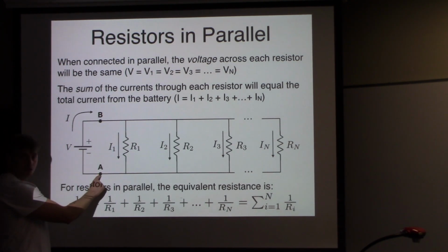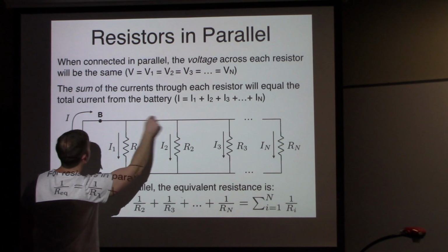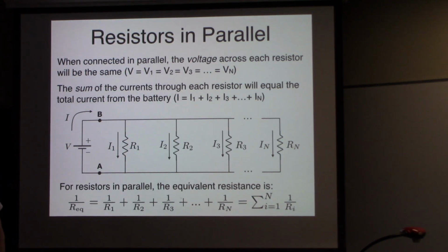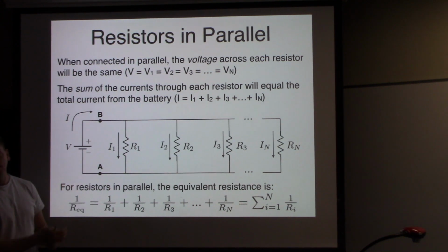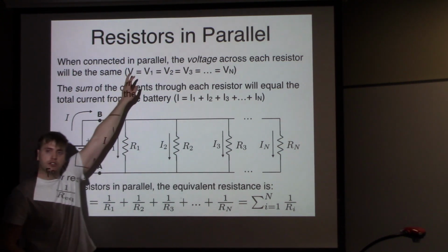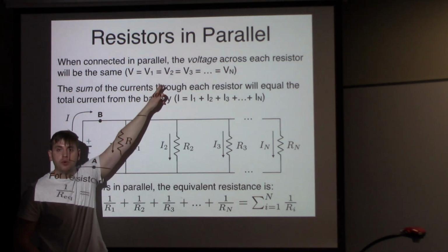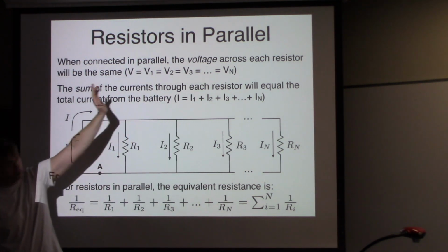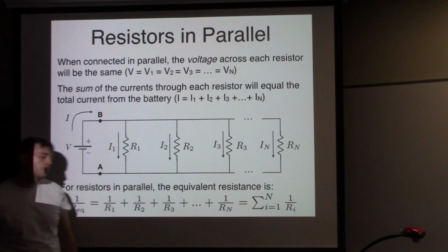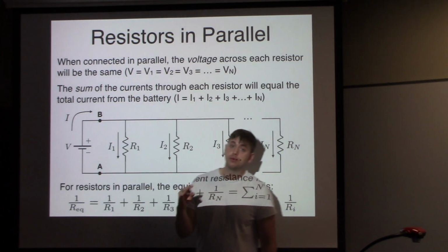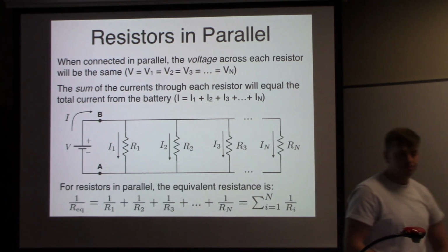We can do that for resistor number 2, go across that one, and get from point A to point B. You can make that same argument for any one of these resistors. So the voltage across the battery is equal to V1, is equal to V2, is equal to V3, and so on. All the voltages are the same. That's an important thing to remember when it comes to resistors wired together in parallel.